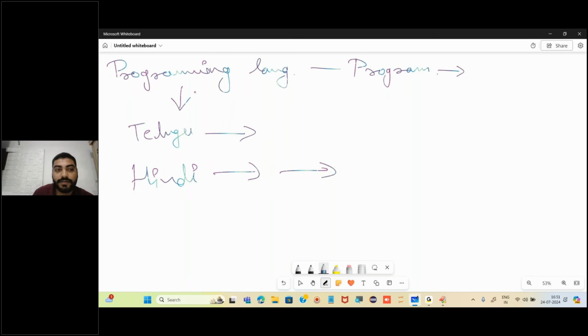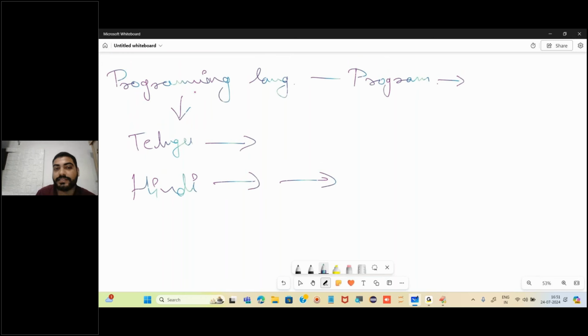So with programming languages, we try to communicate with the system. For communicating with the system we need one language. What language? A programming language, right?